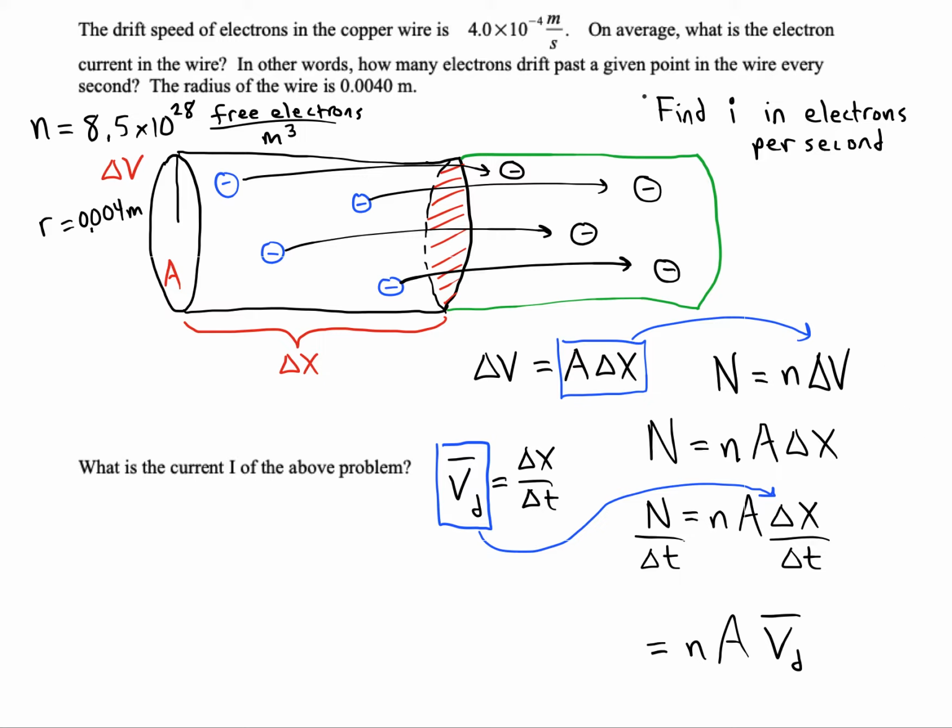And there's one more thing we can recognize too, that N over delta t is the electron current. That's its formula. With these substitutions, we get a new formula for electron current. And this would be the one to use for this problem here.